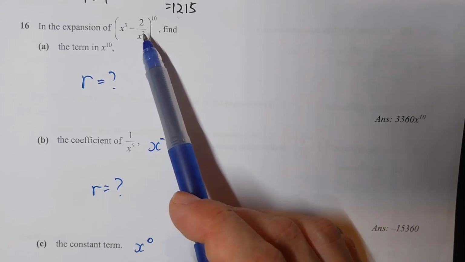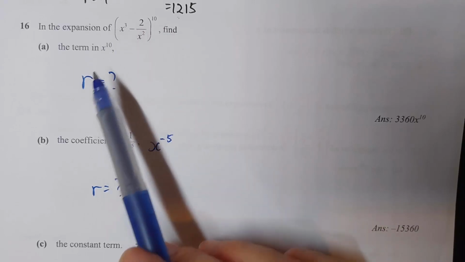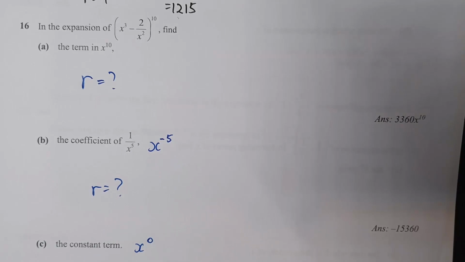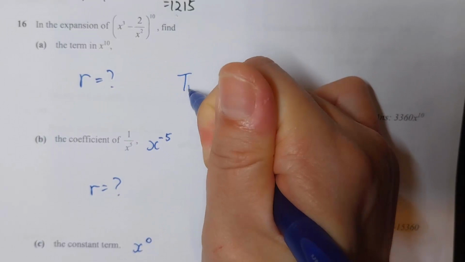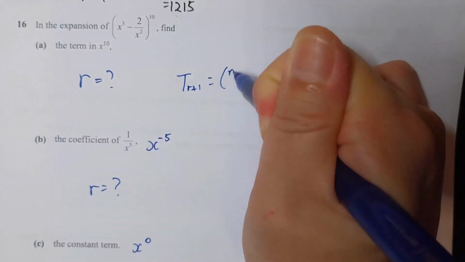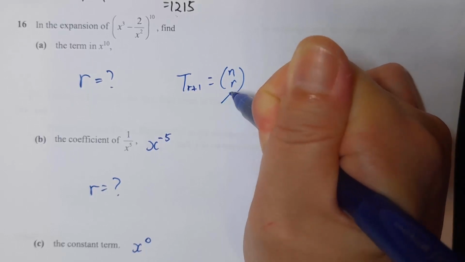So using the general term, try to solve this. Please do not expand the whole thing completely and then try to find where is the power 10, where is the power negative 5, and where is the power 0, because it is way too time consuming. Rather, you have to use the general term to find the values of r.